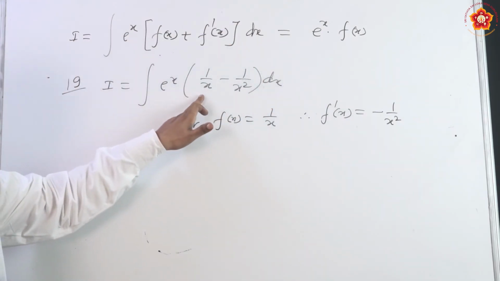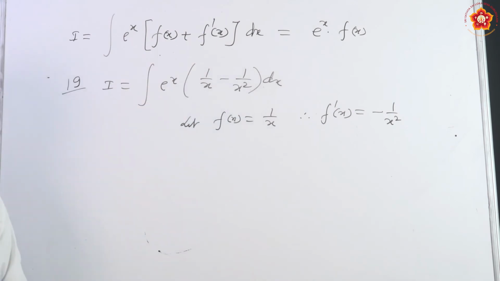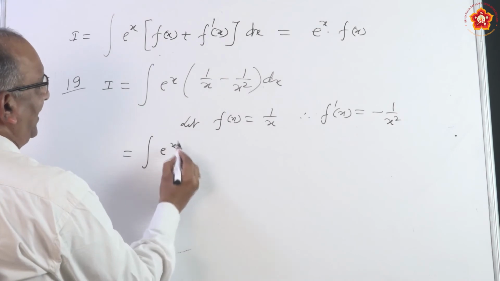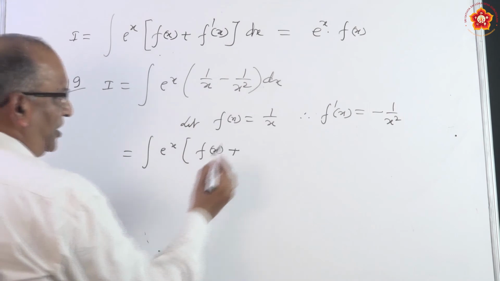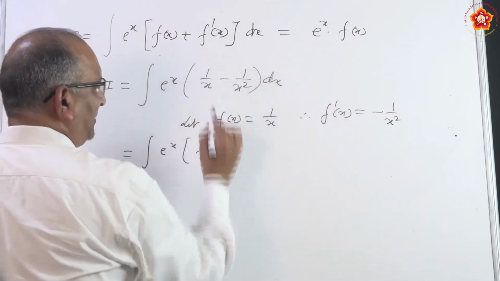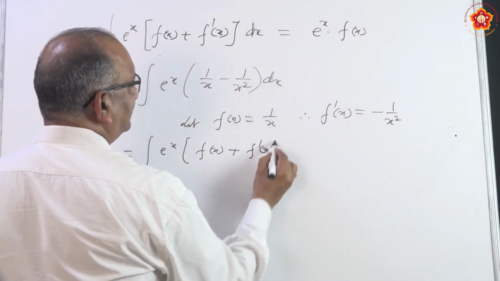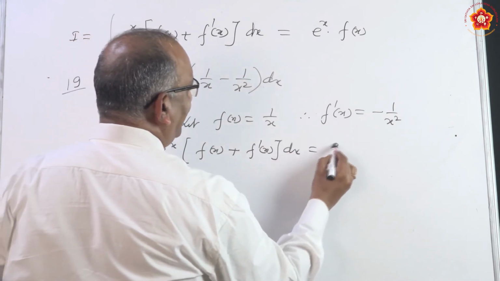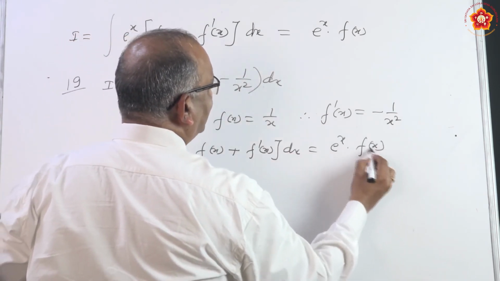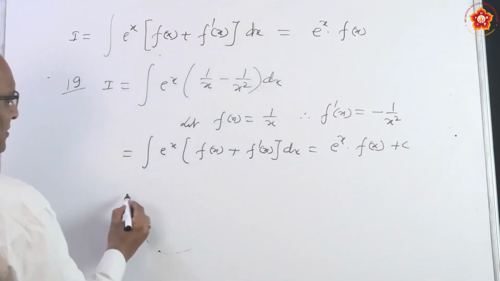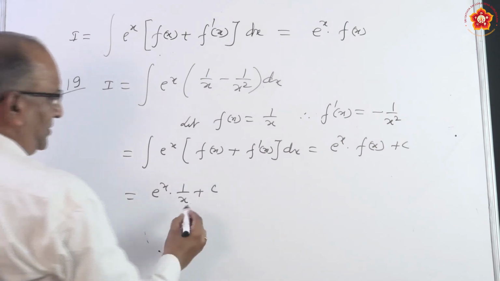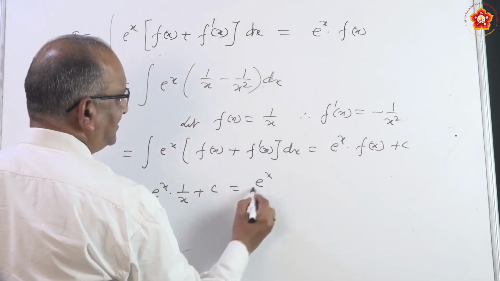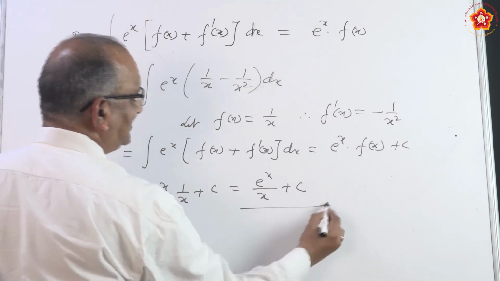If you take this as f x, this is automatically f dash x. So, this can be written as e to the power x into f x plus, because f dash x is with negative sign, so plus f dash x. Answer is e to the power x into f of x plus c. So, substitute. What is f x? It is 1 by x plus c, or in other terms e to the power x by x plus c is the answer.